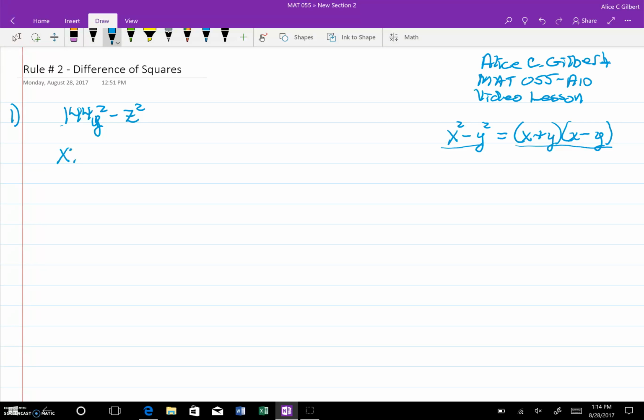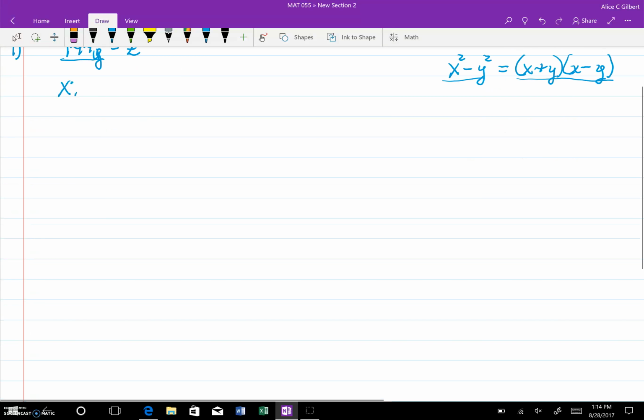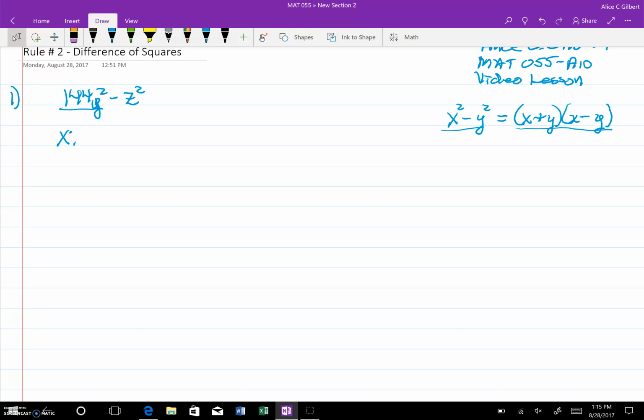So let's look at this. We have to take an even square root of both of those, the 144 and the y squared. What is the even square root of 144? That's 12. And the even square root of y squared is y. Now the even square root of z squared is z.